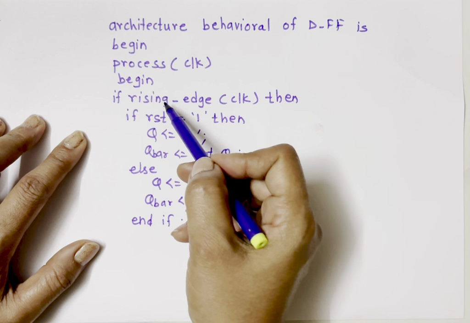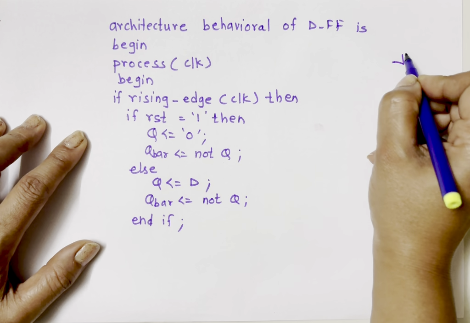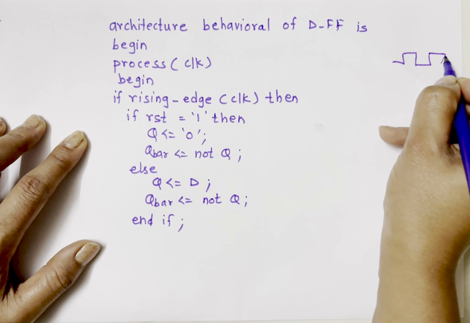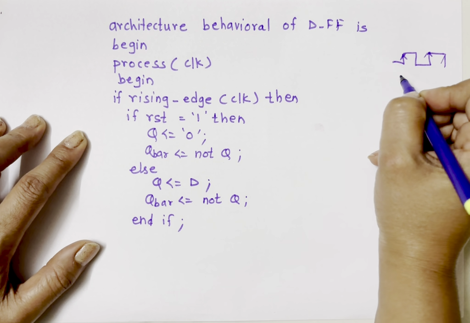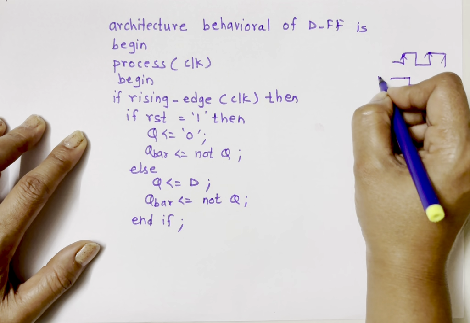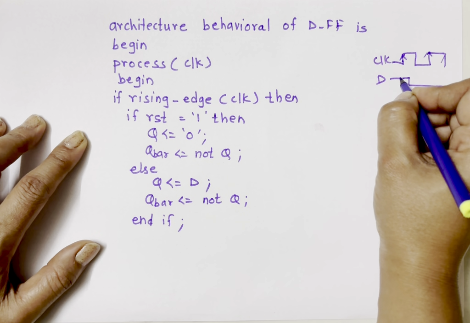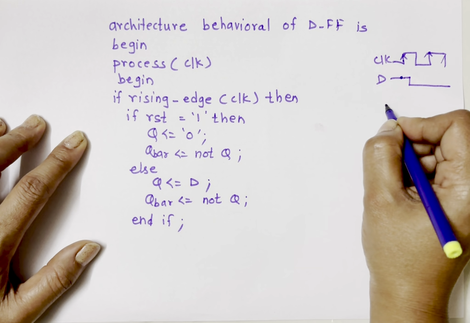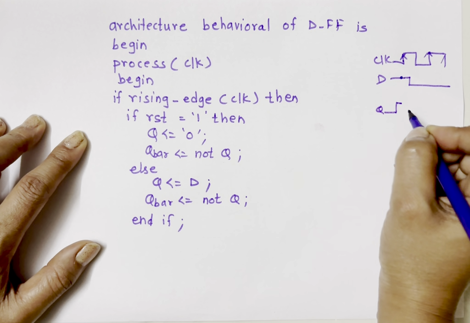Then if rising edge does not come, what will happen between two rising edges? So if this is my clock, in between these two rising edges, here whichever value of data is present. Let's say data is 1 and this is my clock. If my data at the rising edge is 1, and let's say initially output was 0, so here my output will become 1.